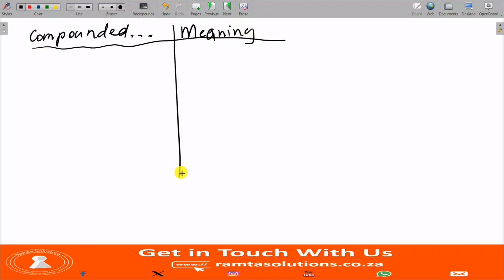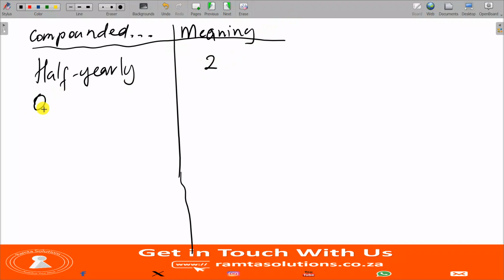When they say compounded half yearly, or semi-annually, it doesn't matter, what does it mean? How many half years do we have in a year? When you divide your year in half, it has 2 parts. So this means there are 2 equal parts.